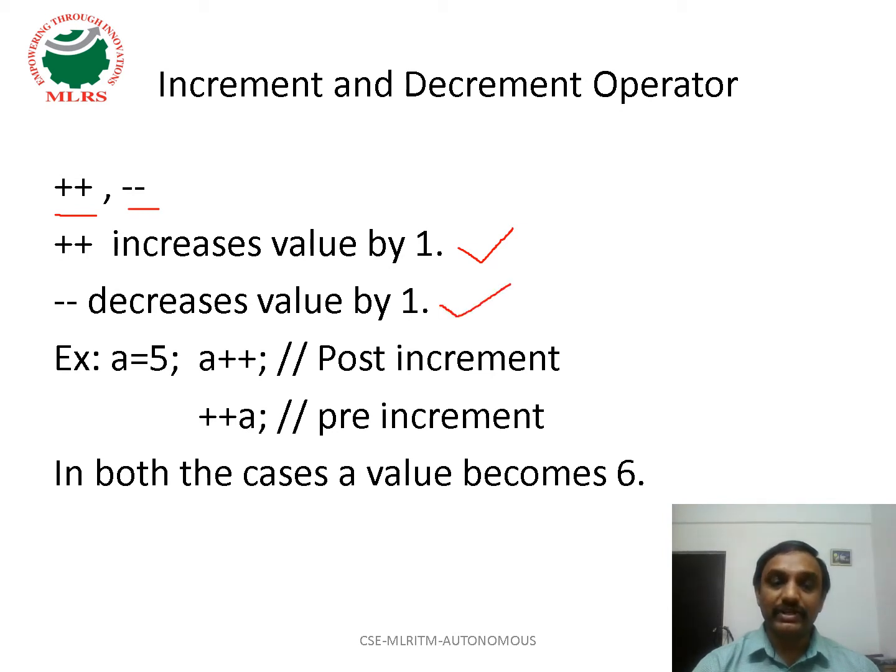Now we observe here a is 5 we have taken. a++, where the operator is present after the variable, after the operand, that is post-increment. ++a, here the operator is present before the variable, before the operand, that is pre-increment. In both cases the value of a becomes 6.